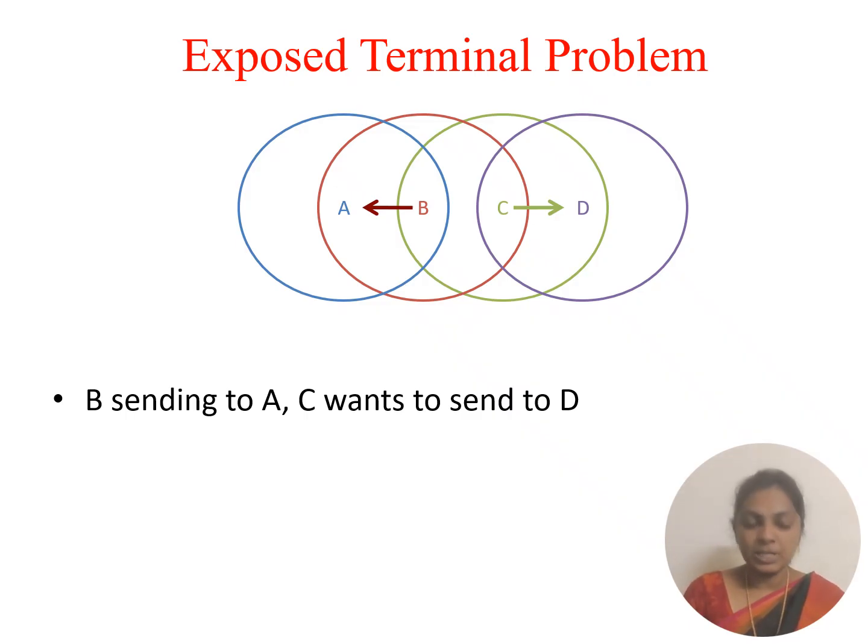So both the transmissions can happen at the same time, but because of the exposure to the other station, some node is stopping its transmission itself. That is why it gets the name exposed terminal problem. So the hidden terminal problem and the exposed terminal problem are greater problems that happen in wireless networks. The same thing applies in the mobile ad hoc network also.